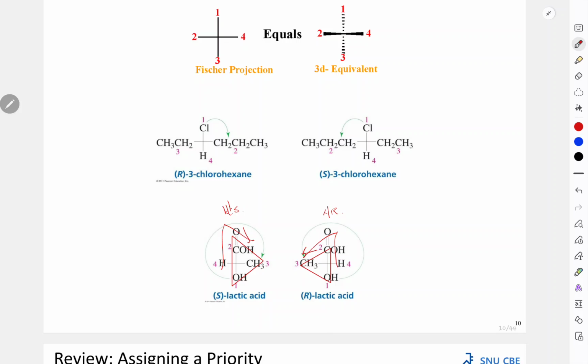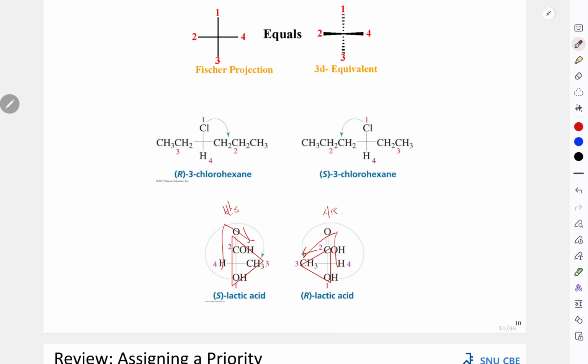So you can then imagine there is a 3D structure, and with this projection you can rationalize this type of 3D equivalent presentation.